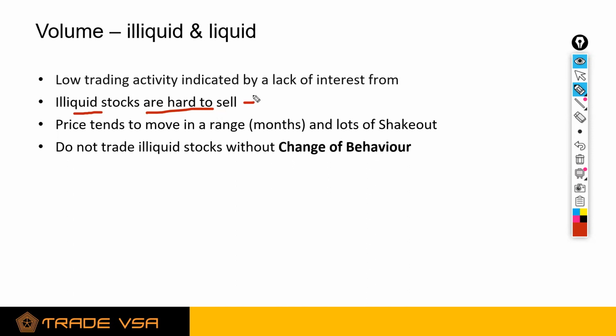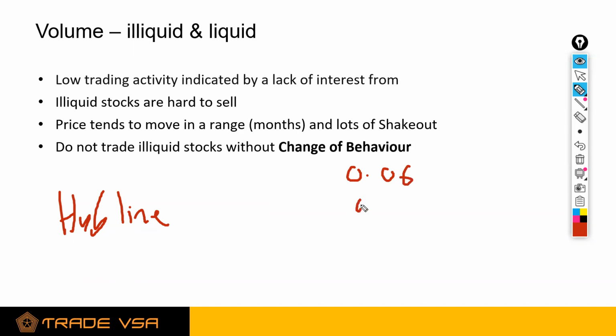I actually tried this before, about 10 years ago when I was in university. I still remember this counter, Hotline. I'm not sure whether some of you know this counter, because it's super quiet, trading around 5 cents, 4 cents, and after 10 years it's still trading in the range. At the time I was kind of naive, because the range of the stock was around 6 cents to 0.055, and the lowest was 0.05.